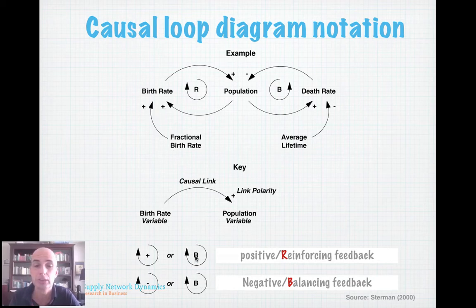So usually in this book I use the term R or B. R stands for reinforcing feedback, B stands for balancing feedback. If a loop is positive or negative overall depends on the number of pluses and minuses. If there are only pluses, it's of course a positive loop. If there are pluses and minuses, it depends if the number of minuses is even or uneven, because minus times minus becomes plus, as you learned somewhere at the age of 11 or so.